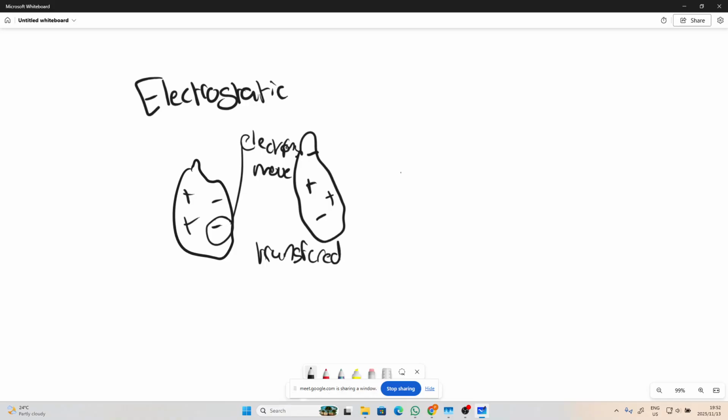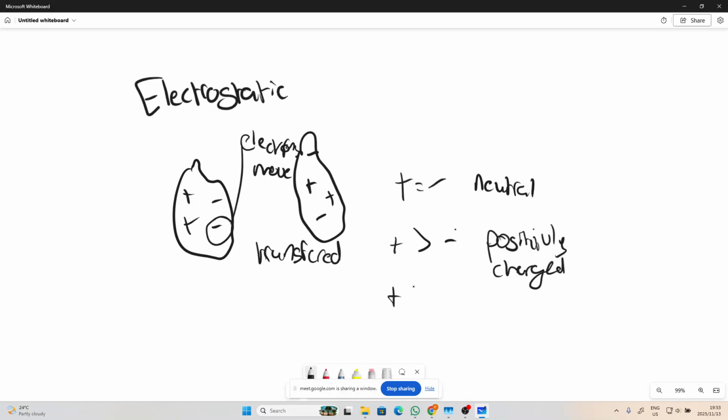Generally, if the positive and the negative are equal, then we say it's neutral. If the positive is more and the negative is less, then it's positively charged. If the positive is less than the negative, then it's negatively charged.